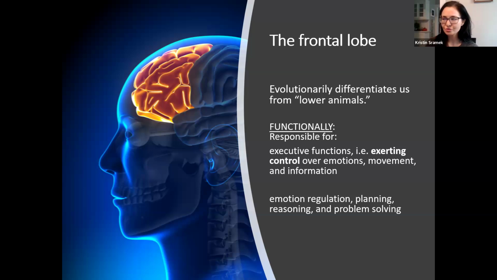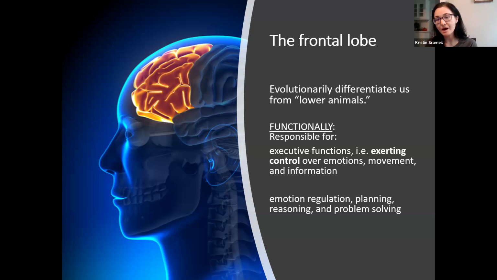So exerting control over emotions. Things like emotion regulation, regulating your emotions, is controlling your emotions. So if you're having difficulty in a particular moment with something that's making you angry or anxious or aroused in some way, then you exerting control over that is a form of emotion regulation. We can also think about control over information. That can take the form of planning.